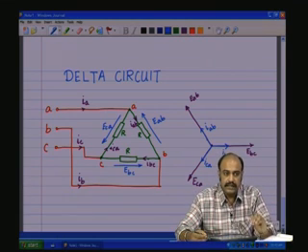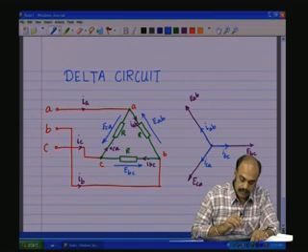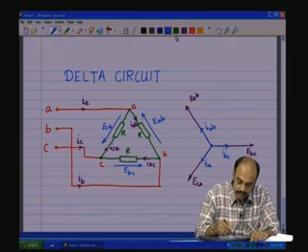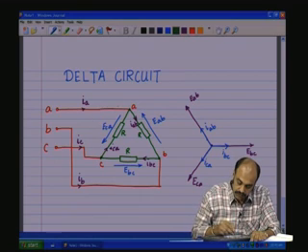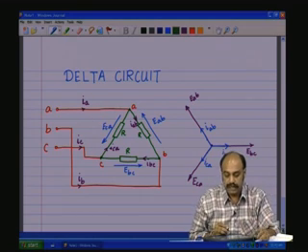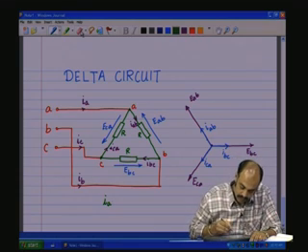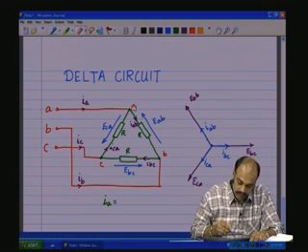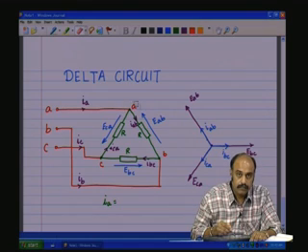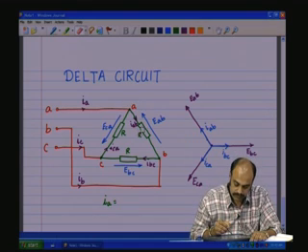Now, how do we relate the 3 phase currents with the line currents IA, IB, IC? We apply Kirchhoff's current law. Looking at this node here, IA is equal to the current going out, which is IAB, minus the current coming in through here, because they are in different directions.